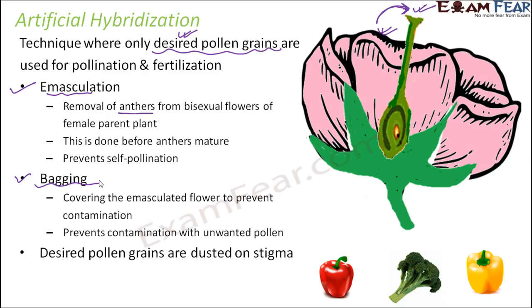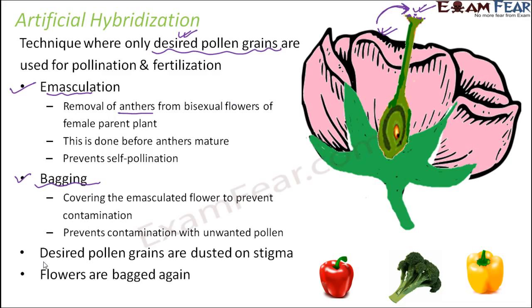We already have our desired pollen grains, because we cut the anthers and collect the pollen grains. We will dust the desired pollen grains over this stigma. Once you dust it with our desired pollen grains, we bag the flowers once again, so that again there is no contamination from outside.